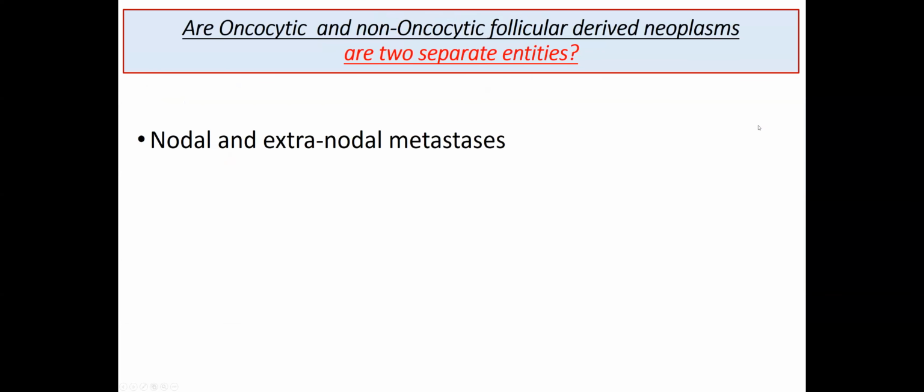I think they are different from non-oncocytic follicular carcinomas because oncocytic carcinomas can cause nodal metastases similar to papillary carcinomas, and they can also lead to distant metastases similar to non-oncocytic follicular carcinomas.